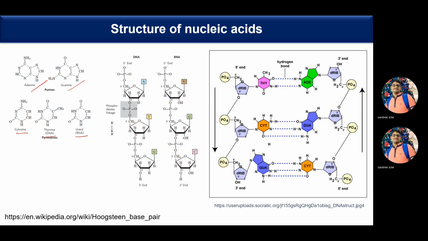You can see that between uracil and thymine, the only difference is a methyl group. So if you demethylate thymine, you get uracil.